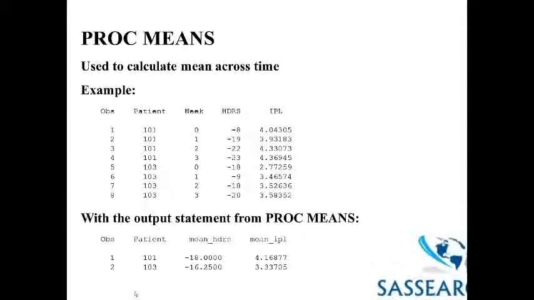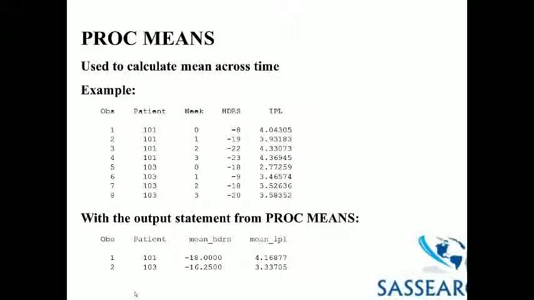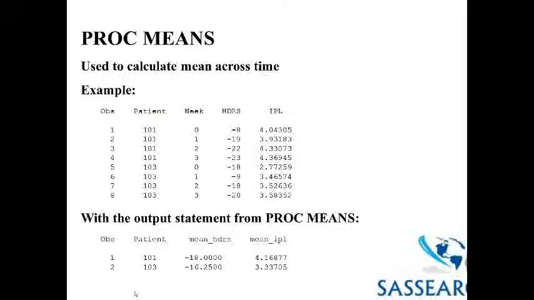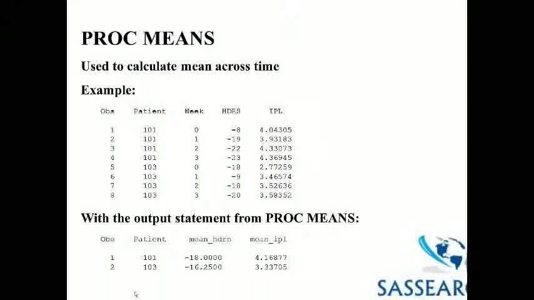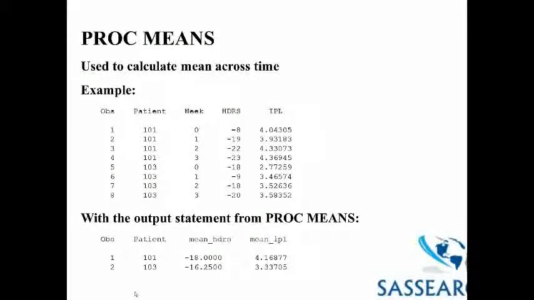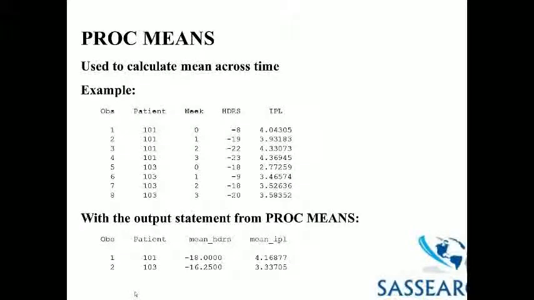In this first method using PROC MEANS, basically we are going to summarize the individual observations per patient into one observation per patient, which is just a summary measure of those individual observations. Here we have a data set, and this is the data set that I'm going to use in the SAS demonstration video, which deals with patients who were depressed and given a drug treatment.